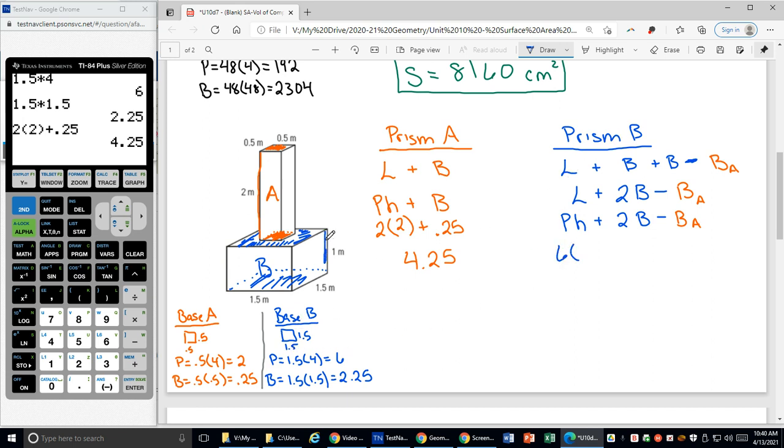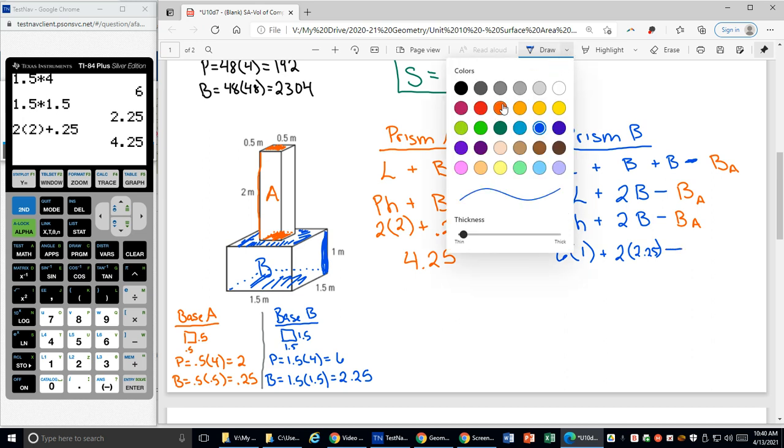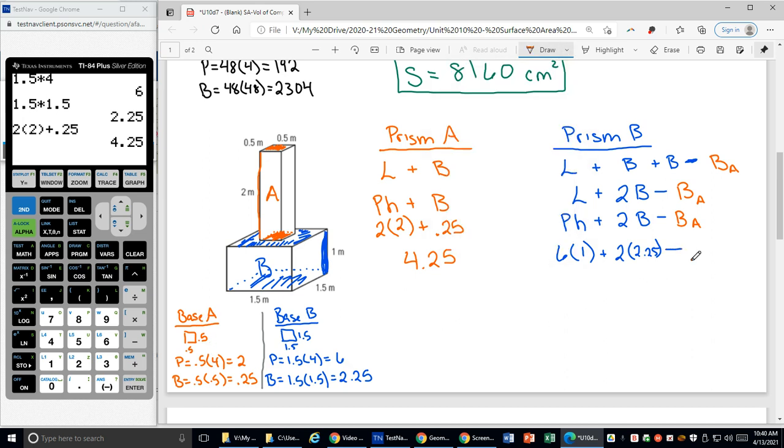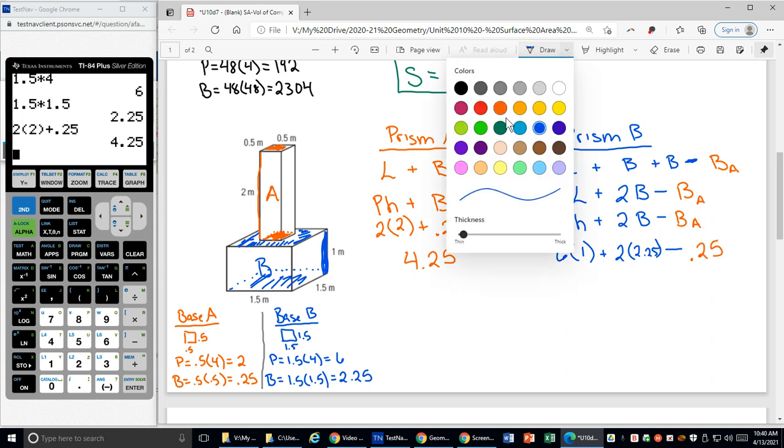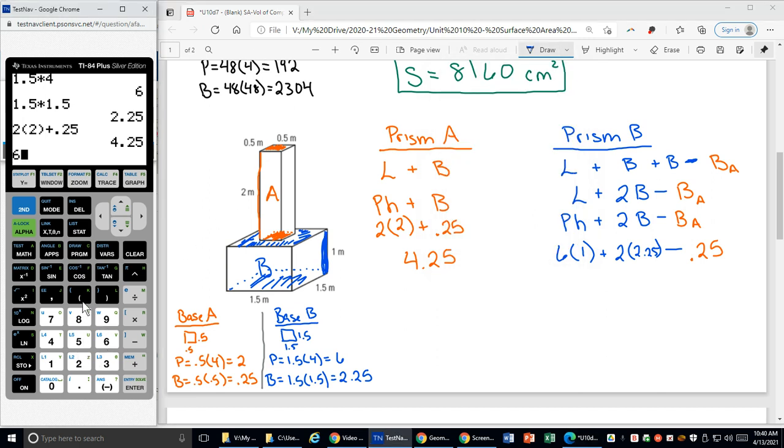The height of prism B is 1, plus 2 bases from prism B, 2.25, minus a base from prism A, 0.25. Let's put this in the calculator to find how much of prism B we want. We want 6 times 1 plus 2 times 2.25 minus 0.25. When I do that, I get 10.25.